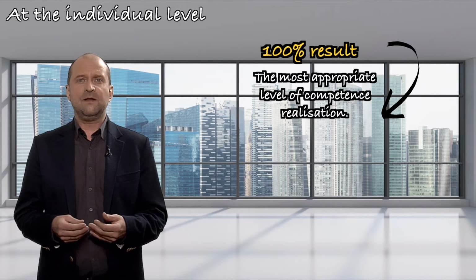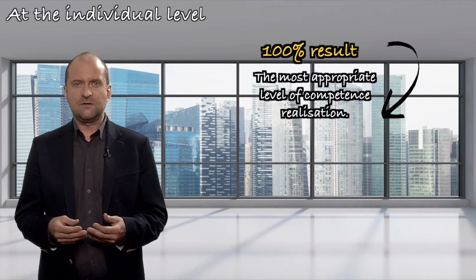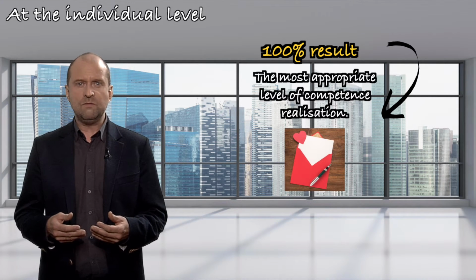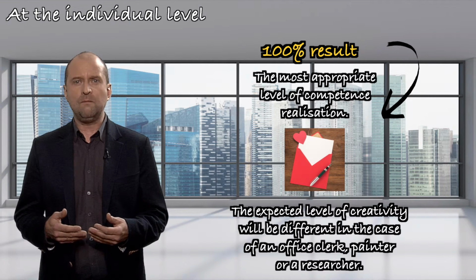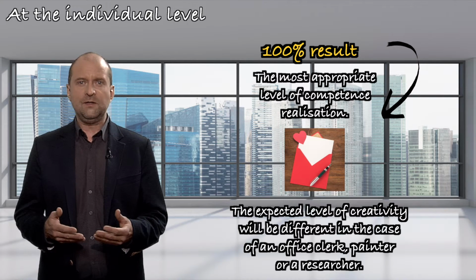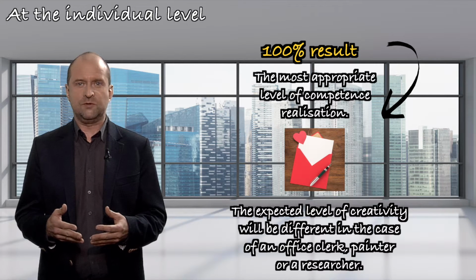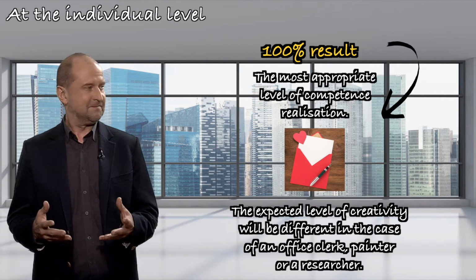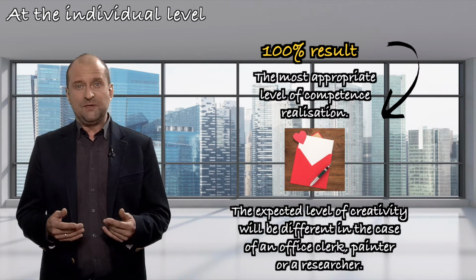Let's take the creativity competence as an example. In certain types of activity, too much creative behavior may be an obstacle in accomplishing tasks. For example, too much creativity in an office where there are certain operating procedures may lead to legal issues. Let's repeat.